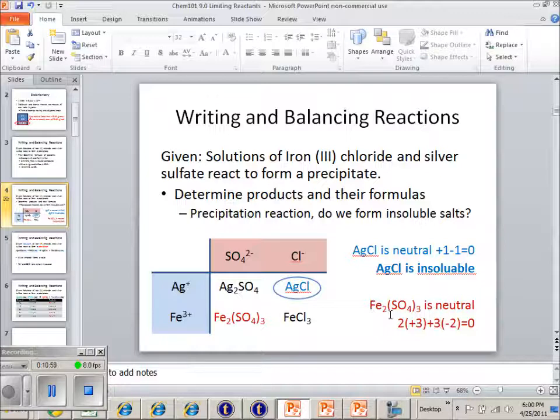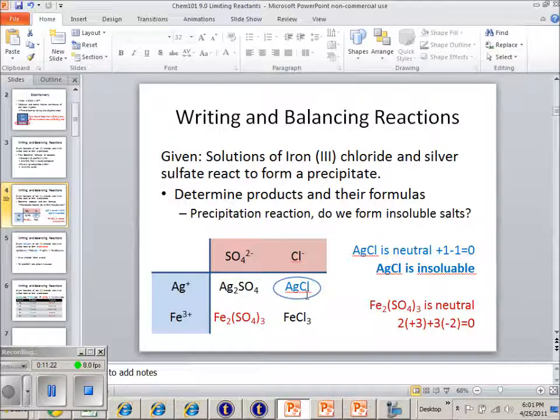The stuff that's in the powder, that's the silver chloride. And then the liquid stuff, it's not clean. It actually has salts in it. It has the iron sulfate in there. So actually, the iron would be iron 3, and it'd be in solution, probably coordinated by waters. And the sulfate would be surrounded by waters as well, and it'd be sulfate 2 minus. So this would be ions in the solution, and this would be the precipitate, the powder that falls out of the solution.